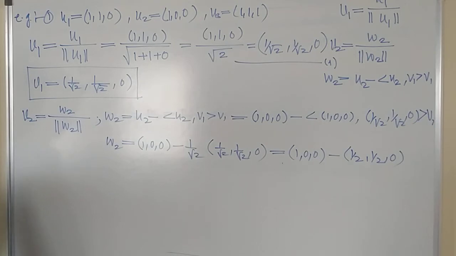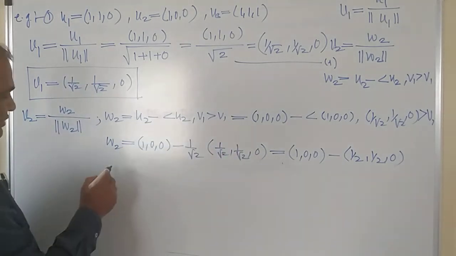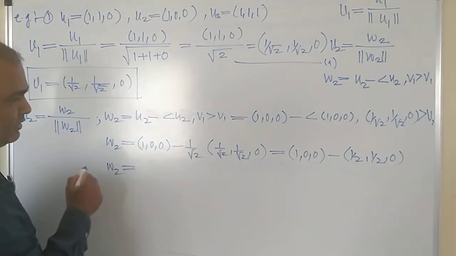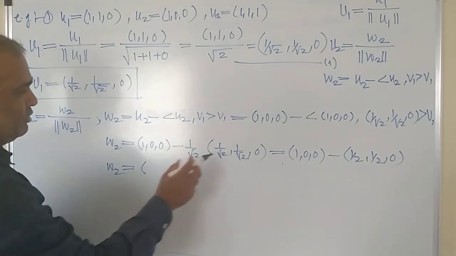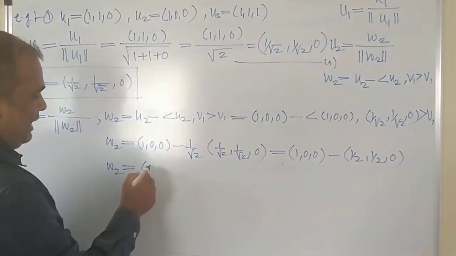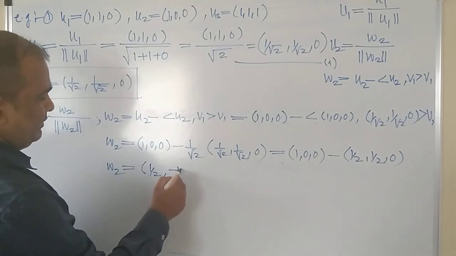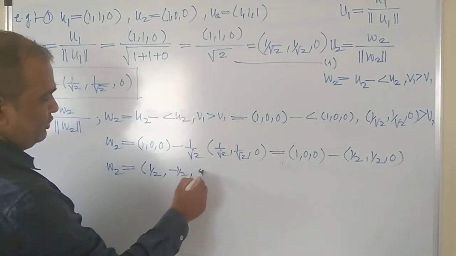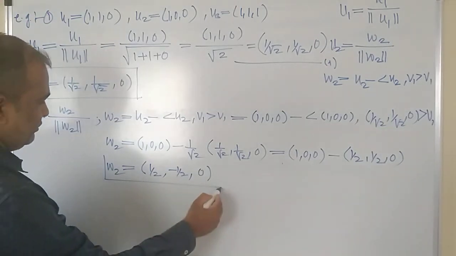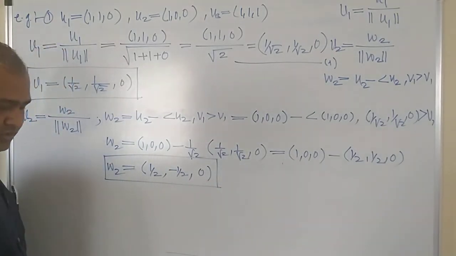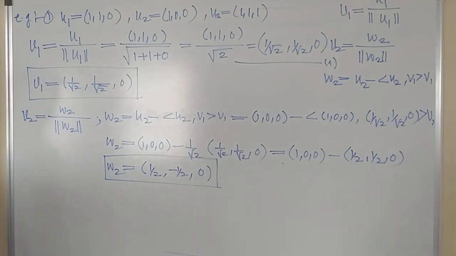In this way you got the w2 vector, and now do this subtraction: 1 minus half is half, 0 minus half is minus half, and 0 minus 0 is 0. So your w2 is (half, minus half, 0).